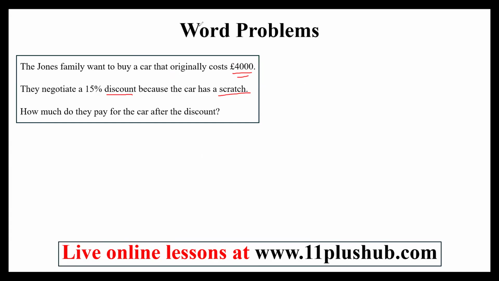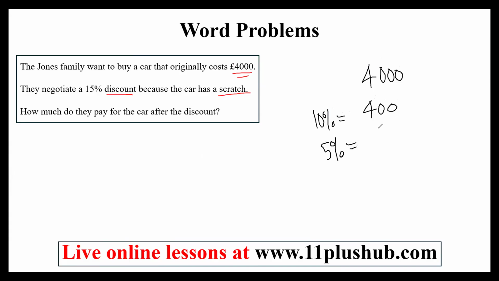Okay, so how are we going to solve this? Well, we'll solve it how we've solved every question so far. We've got 4,000 or £4,000, and we want to find 15% of it. So what is 10%? Well, 10% of 4,000 is going to give us 400. What's 5%? Okay, well, 5% is half of 10%.